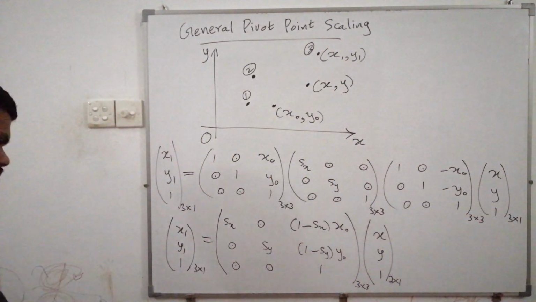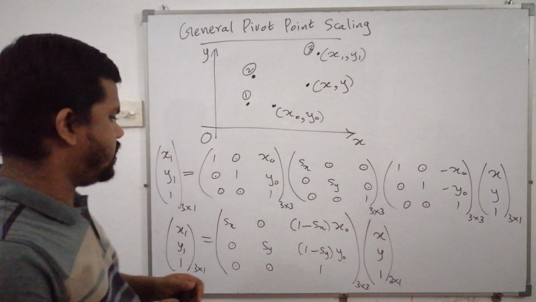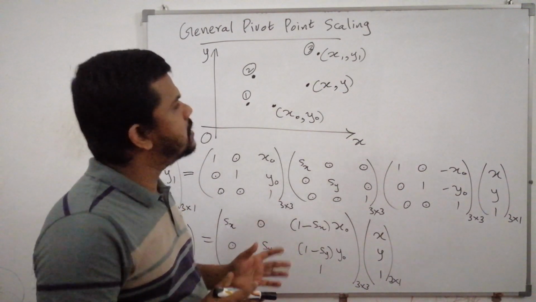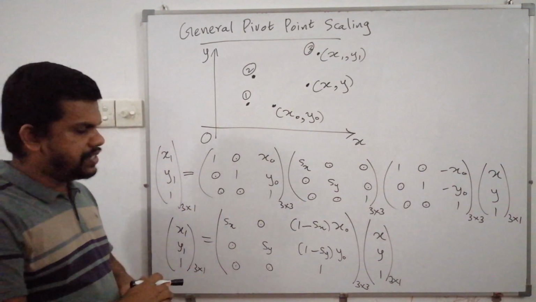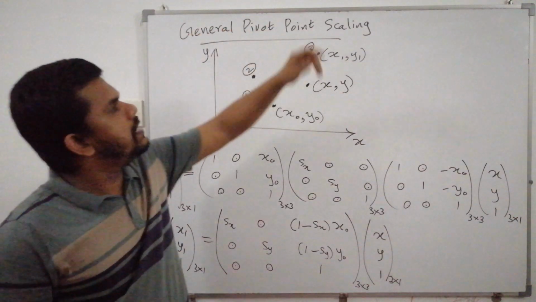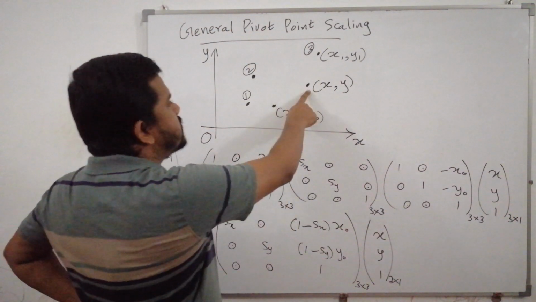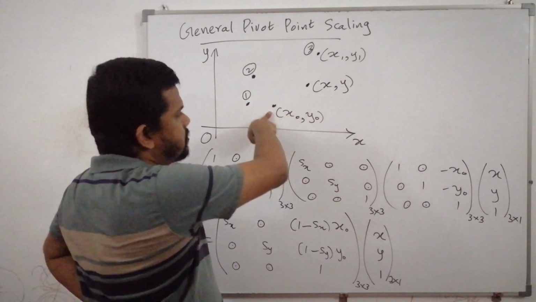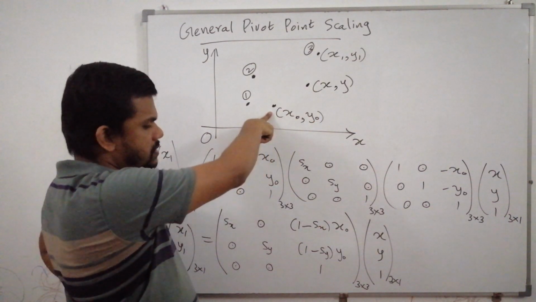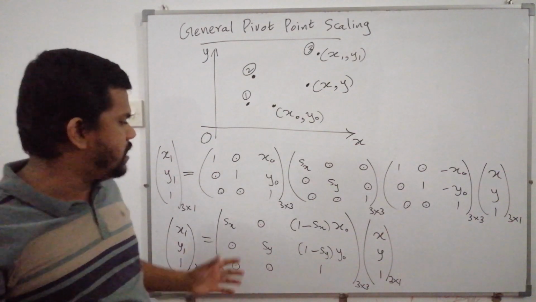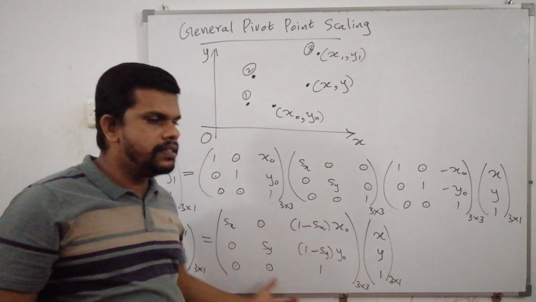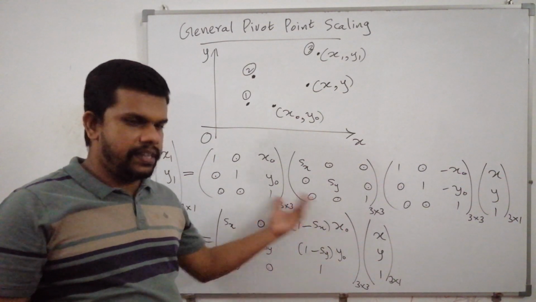Now this matrix is called the composite transformation matrix for general pivot point scale. That means if you want to scale this point with respect to this pivot point, we can use this matrix.